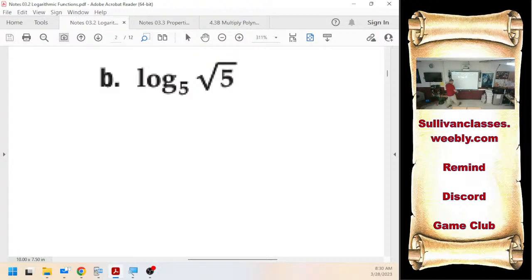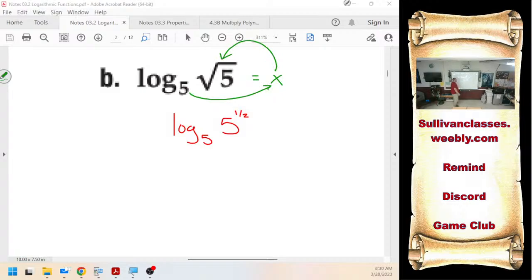Oof, yes. Okay, this is 5 to the 1/2, and this might lead us to one of our properties. This says 5 to what power makes this thing? So if I know that square root of 5 is 1/2, remember, exponent inside or parentheses outside, and my denominator is going to be my index. Do any of you remember that there's a property with this that says if the base and the object are the same, they cancel out?